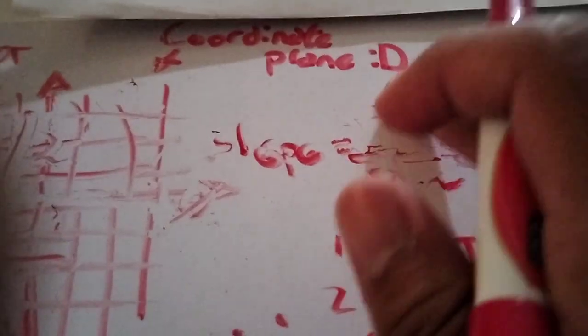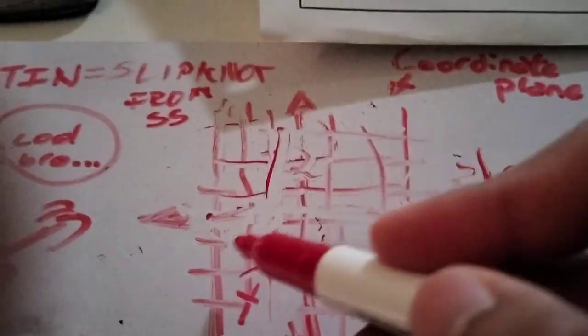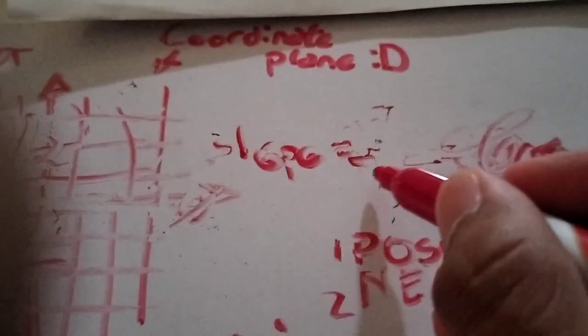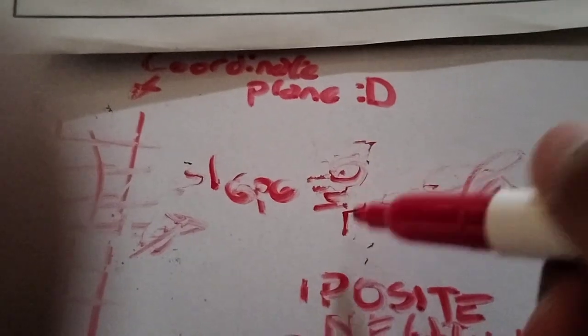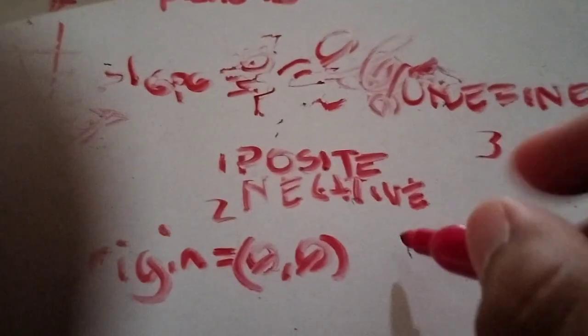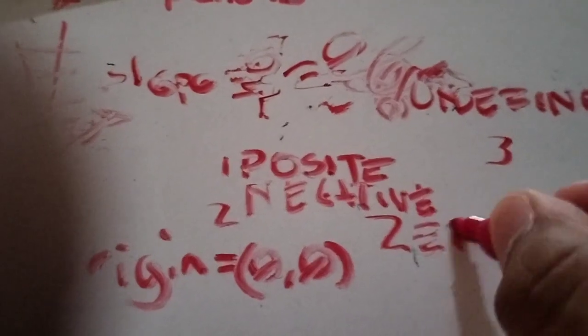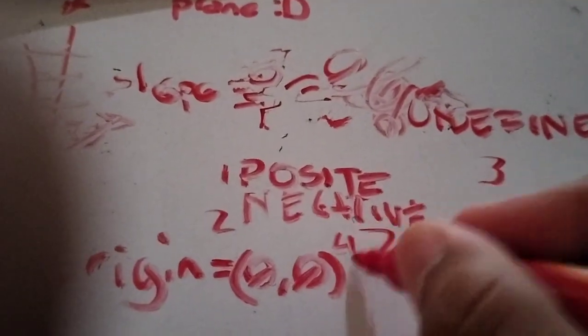So it goes left and right 1 here, and up and down 0. Now 0 divided by anything would always be equal to 0. So our fourth type of slope would be 0, in which the slope equals 0 because there's 0 slope. It doesn't go anywhere.